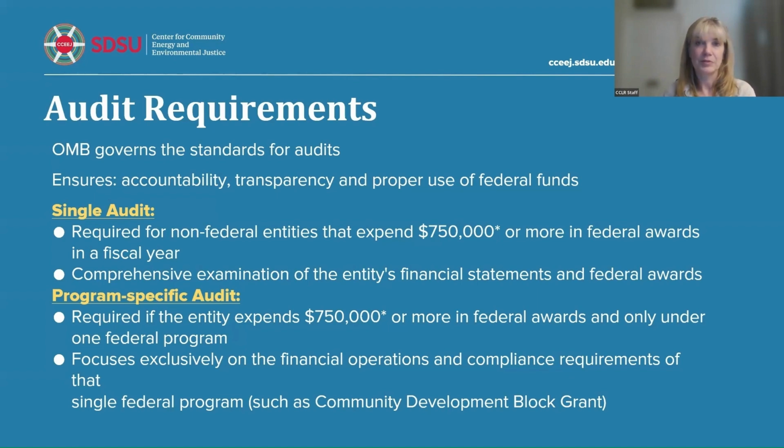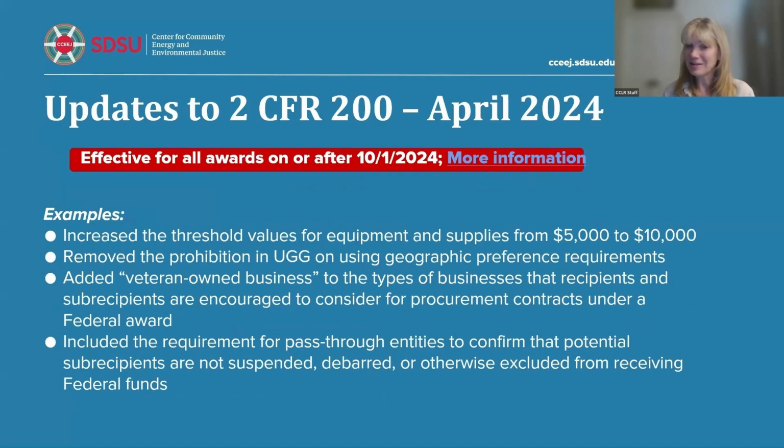Okay, so quick updates. It's been a long time, but 2 CFR 200 did have some updates. These are just examples. There's a very comprehensive list, and for more information, there's a hyperlink there. These are only effective for awards on or after October 1st, 2024. Okay, so for example, the threshold for value for equipment and supplies went from $5,000 to $10,000.